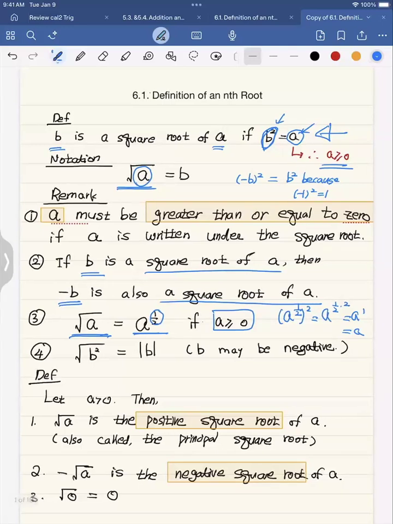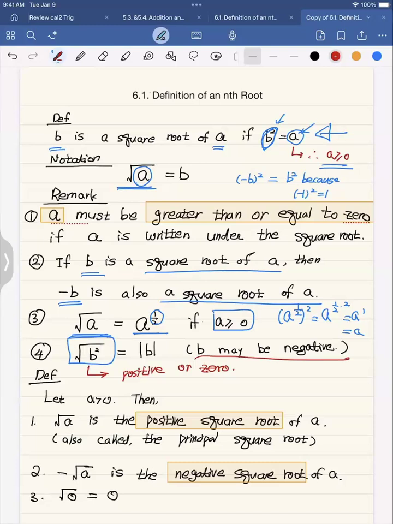When we put this notation, square root of b squared, that is absolute value of b. Meaning, when we have this notation, it will always produce a positive number or 0. b may be negative.